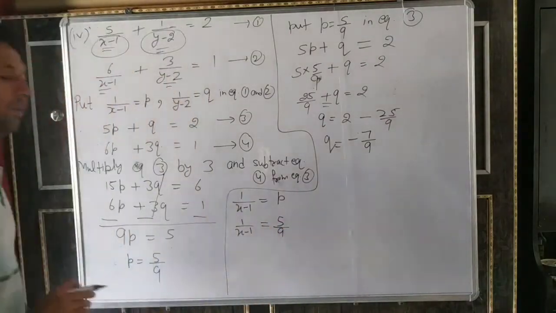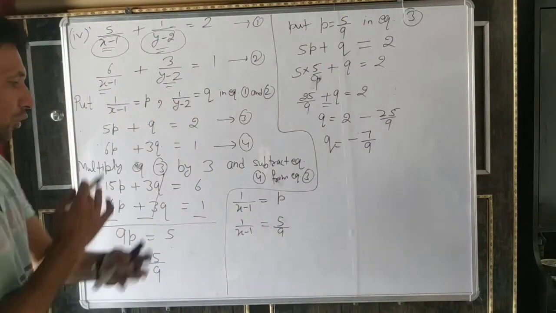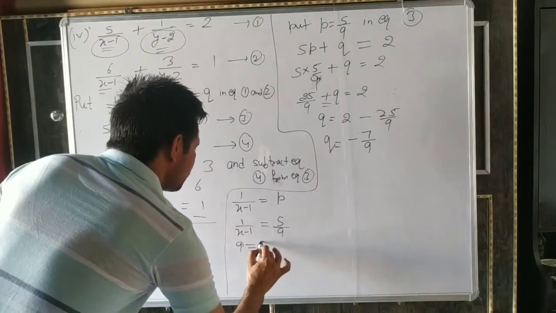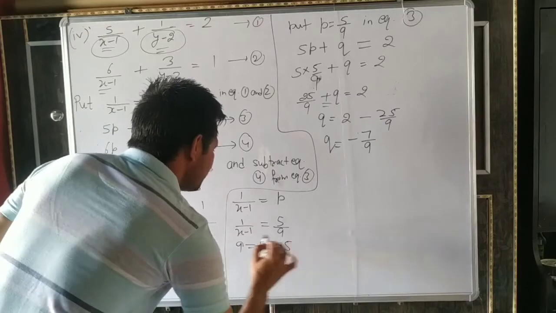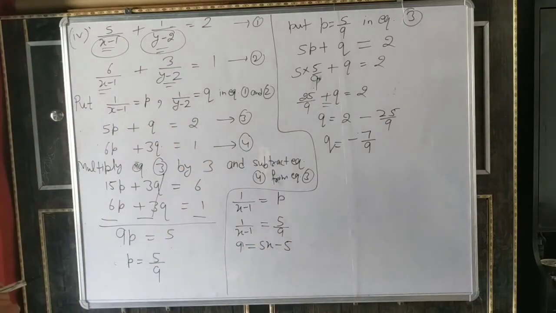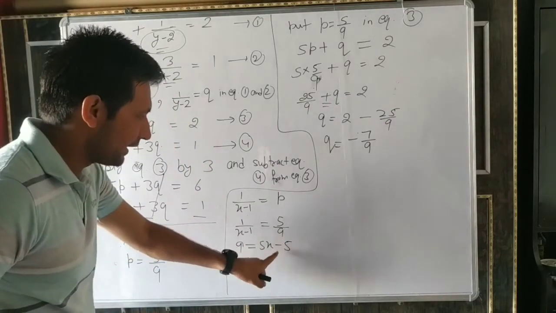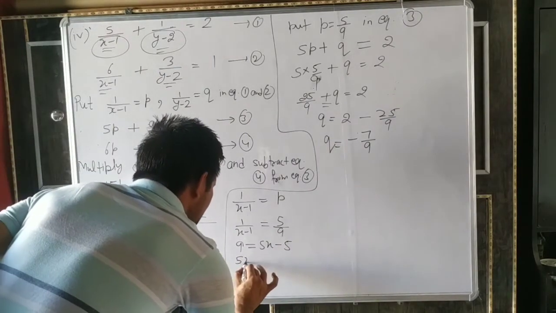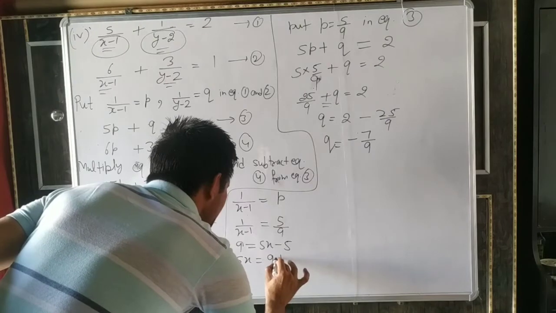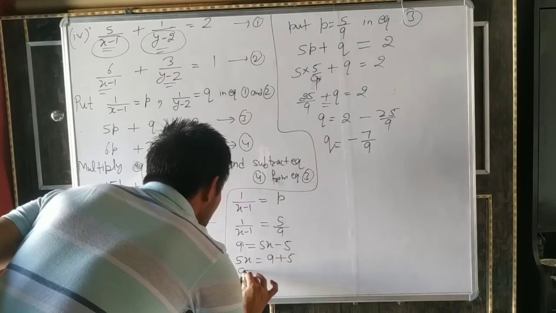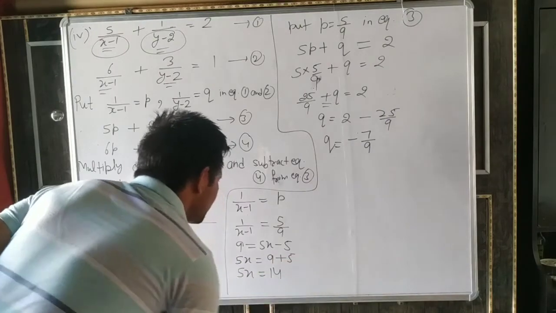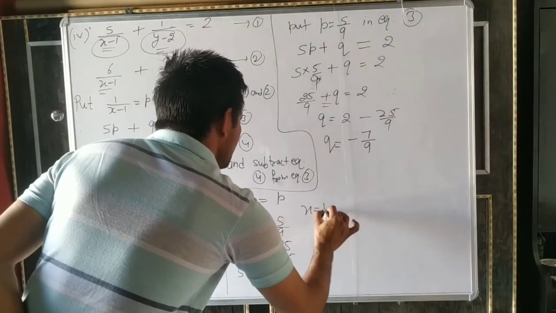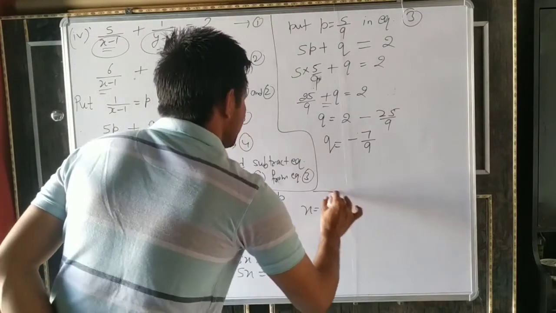To find the value of x, cross multiply: 9 into 1, 9, equal to 5x minus 5. Here 5 is minus, so on the other side it is positive. So 5x equal to 9 plus 5, 14. So x equal to 14 upon 5.